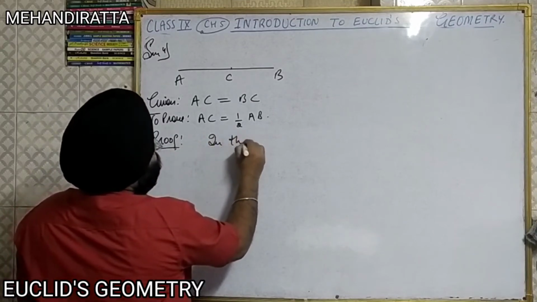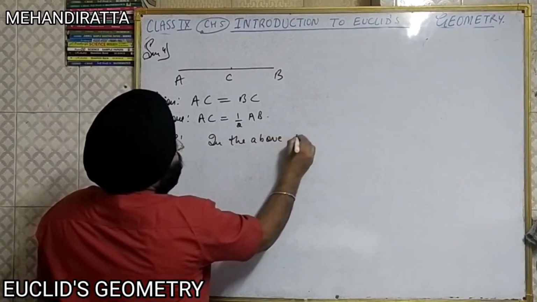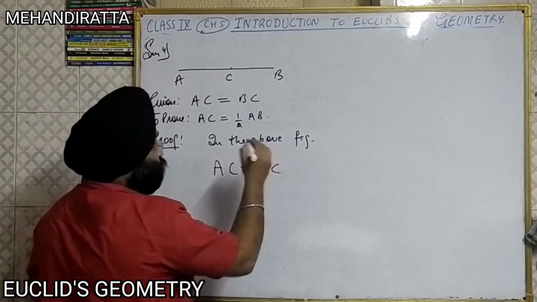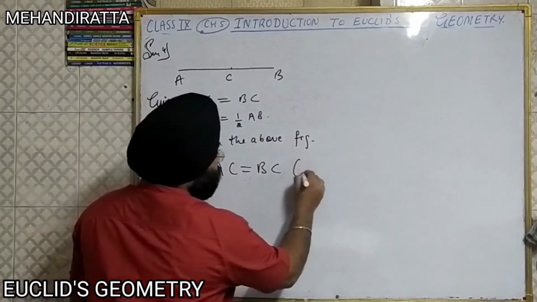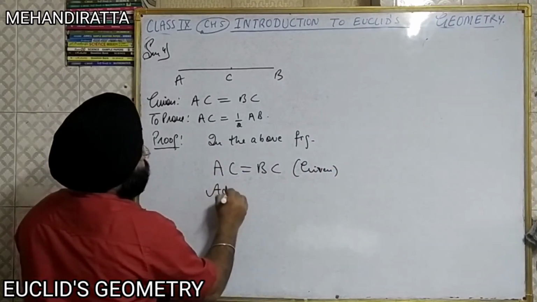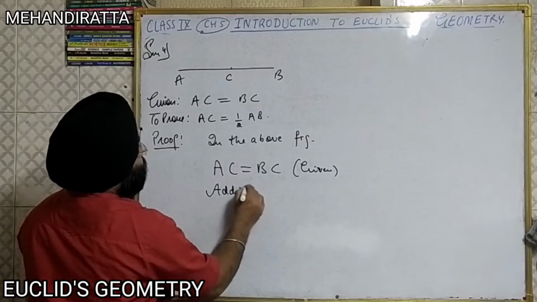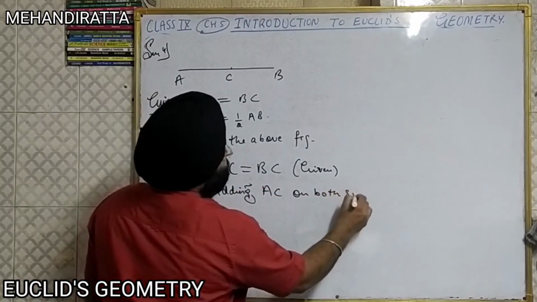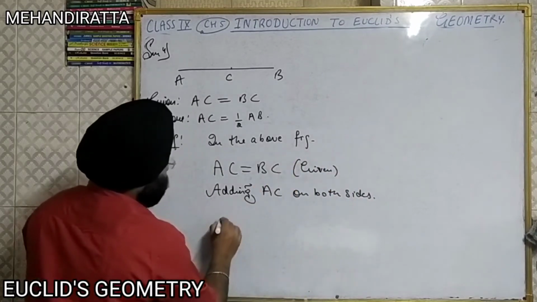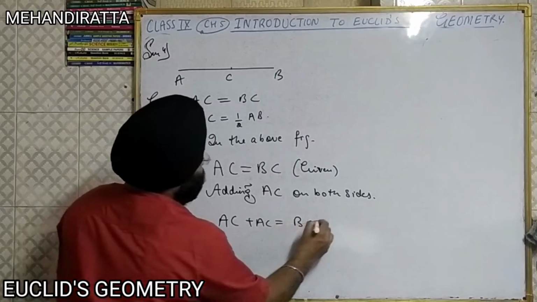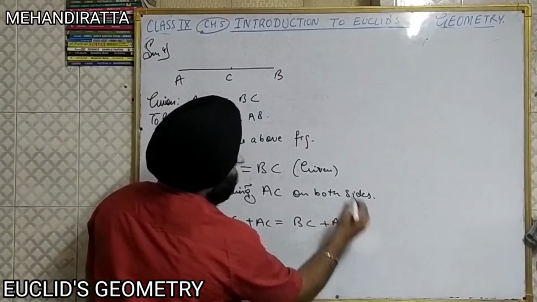In the above figure, AC equals BC, given. Adding AC on both sides, AC plus AC is equal to BC plus AC.